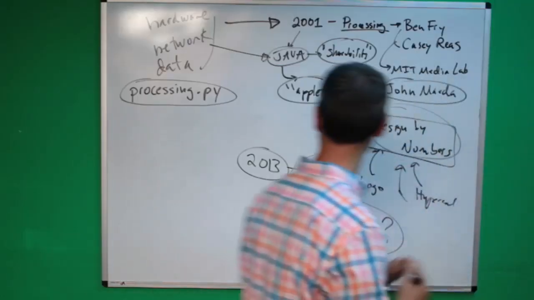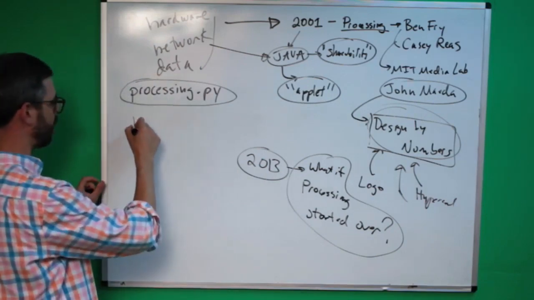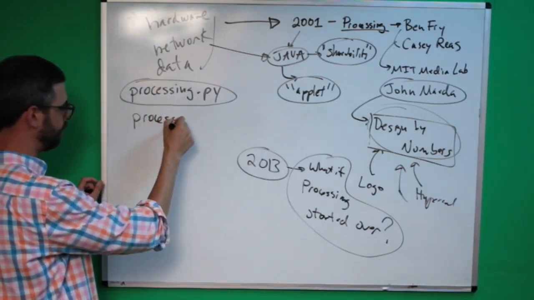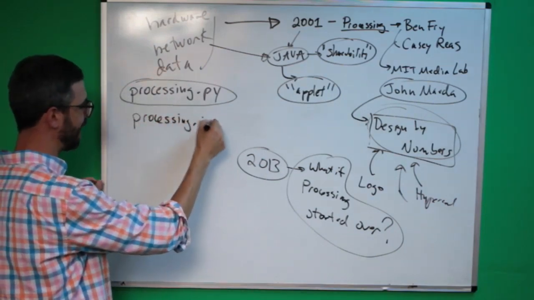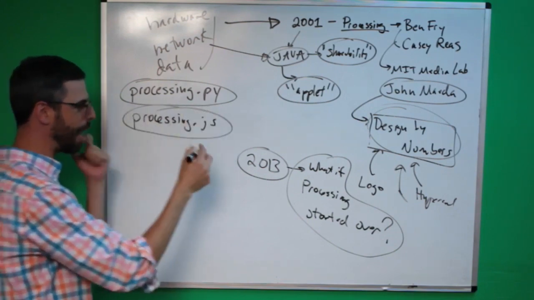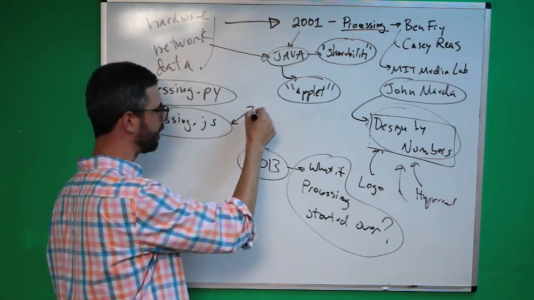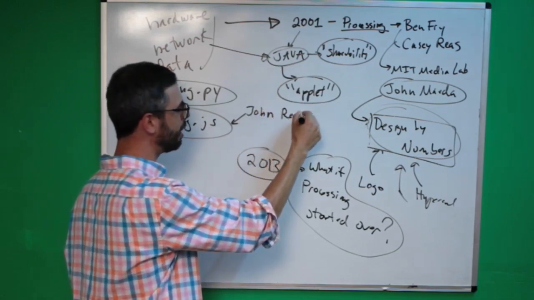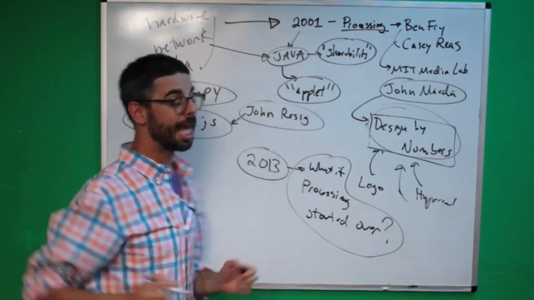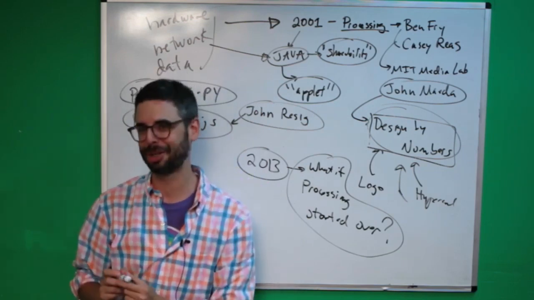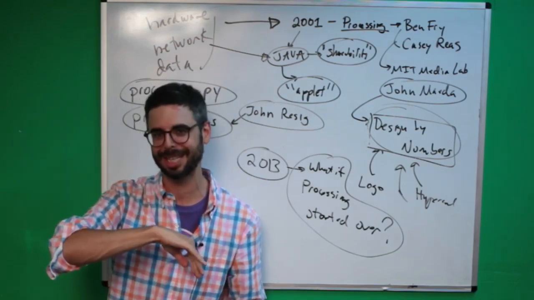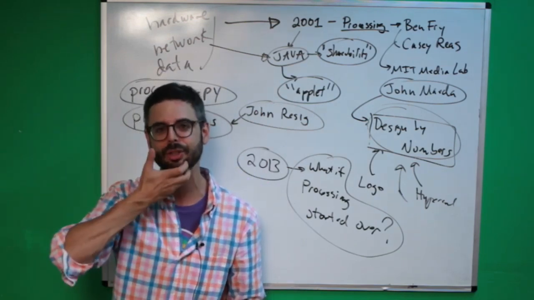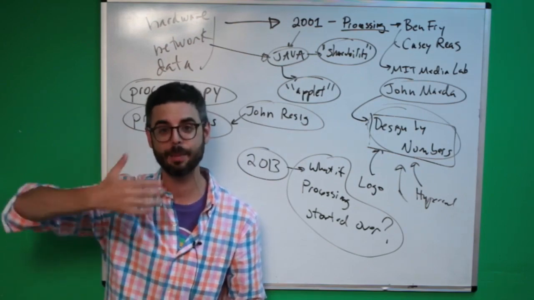There is another project called Processing.js. And this is very confusing because all these are named processing. This was a project first created by John Resig, which does something even more magical than just taking all of the processing API and translating it into JavaScript for a canvas element in the browser.